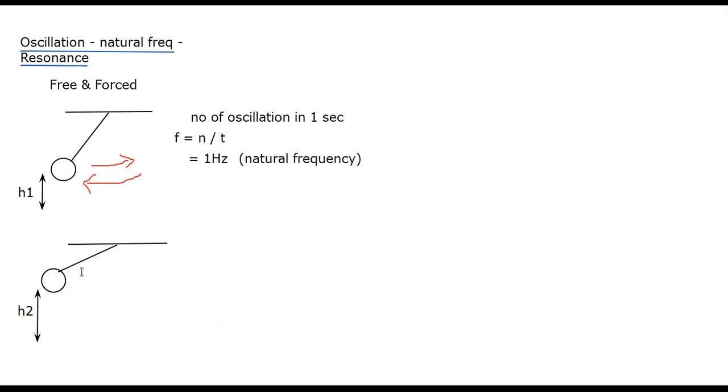If I let it go, it swings, right? Will the frequency change? 它的 frequency 会变吗？想一下。如果我用同样的 pendulum，同样的 length of the wire, I let it swing at a greater height. The frequency will not change.